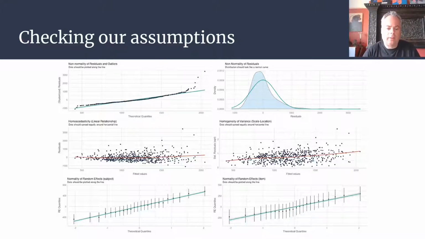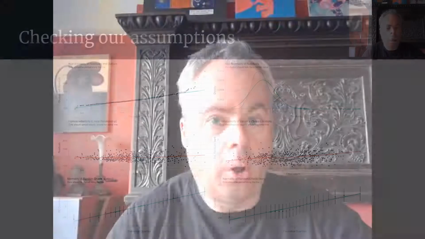I guess one thing that's worth pointing out is you will rarely build a model that clearly 100% fits all of your assumptions. Sometimes they'll fit to a greater or lesser extent. So you do have to use your judgment. And I always think of the quote attributed to the statistician George Box, who said that all models are wrong, but some are useful.